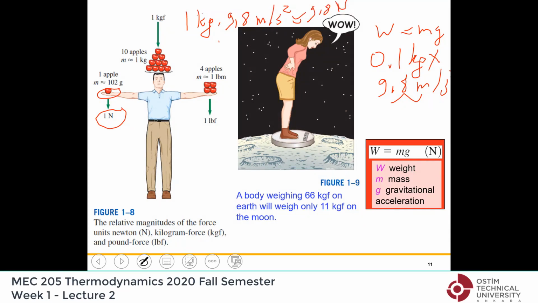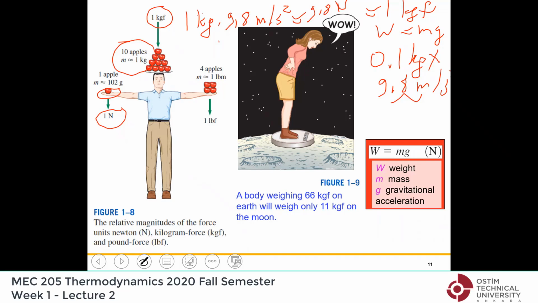Okay, and we call this one 1 kilogram force. So the weight of 1 kilogram is 1 kilogram force. It is not an SI unit, but it is used a lot in the industry. Therefore, it is good to know it. 1 kilogram force. Okay, and here in the picture you can see 1 kilogram force is simply the weight of 1 kilogram, which is about 1 kilogram of apples, right?